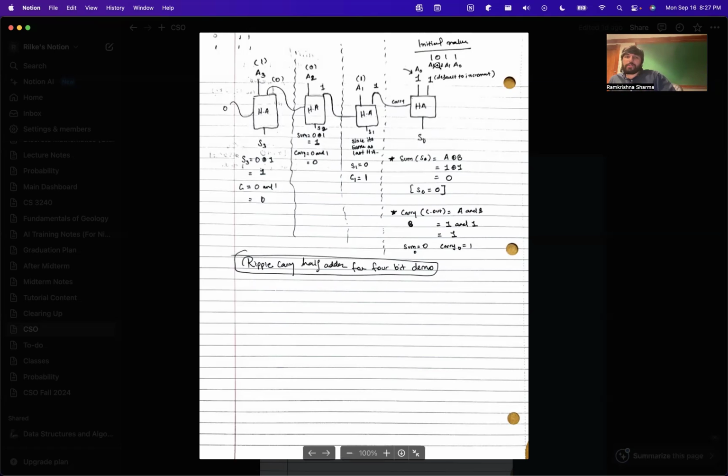So you have 1, 0, 1, 1. That's what I want to increment. I'm denoting this one here as A0, this one as A1, this one as A2, this one as A3. And you put in a 1 by default, because you want the number to be incremented. And this is just what your A0 was, and they're both put into a half adder. You output a sum.